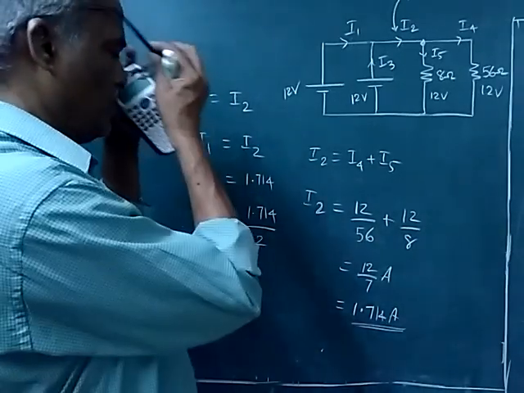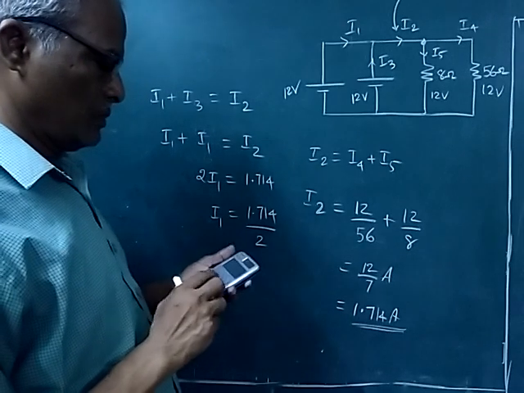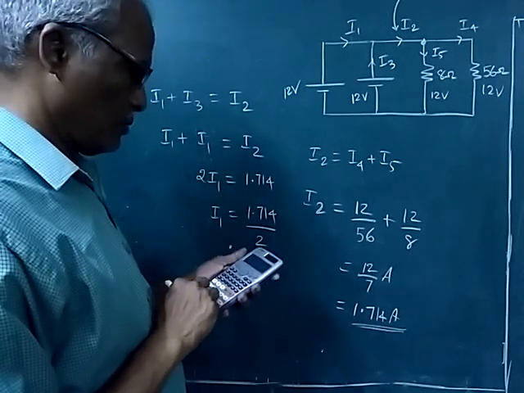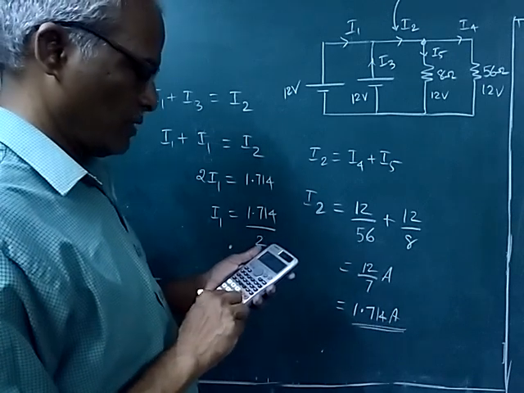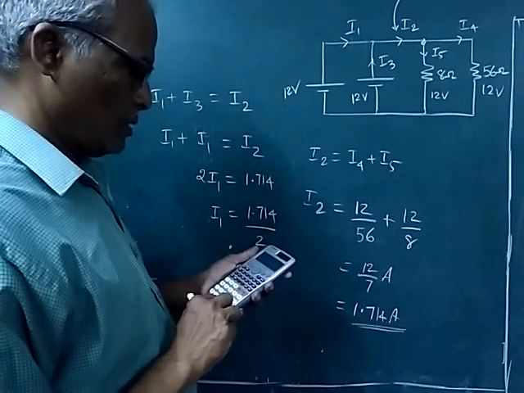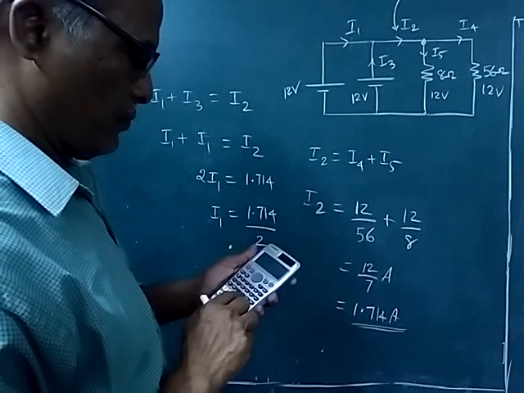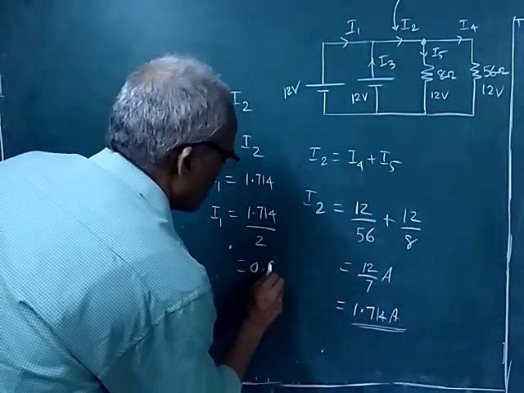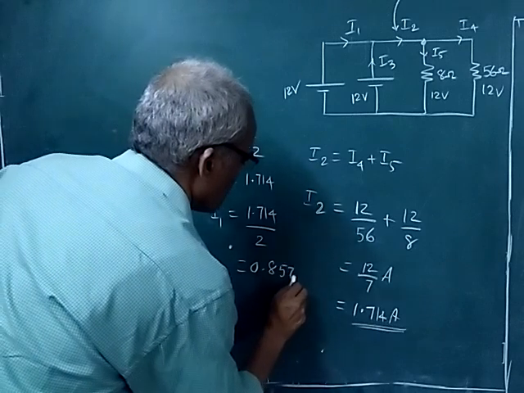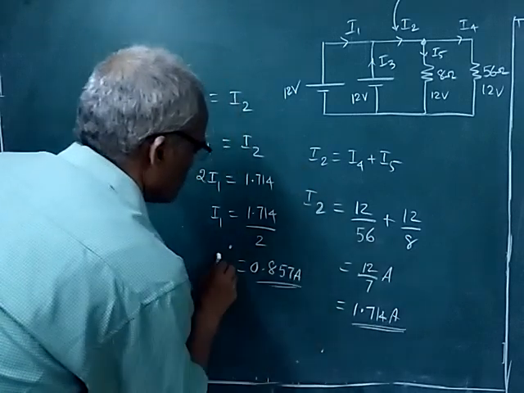1.714 divided by 2 will give you 0.857 ampere. So this is I1.